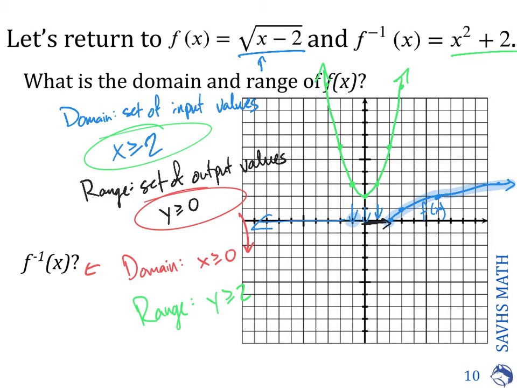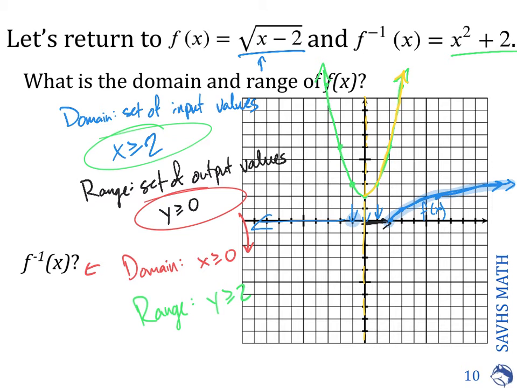So what does this all tell us? Well, it says that really the inverse of the blue function, which is this one right here, is really only this half of the parabola, because this is the spot where x is equal to 0.